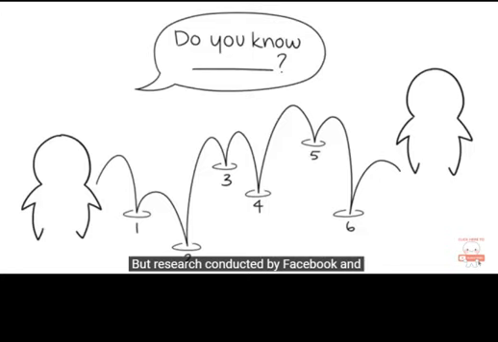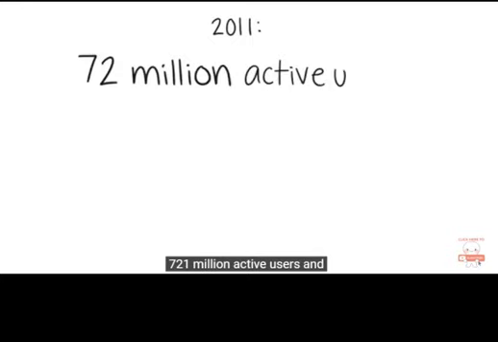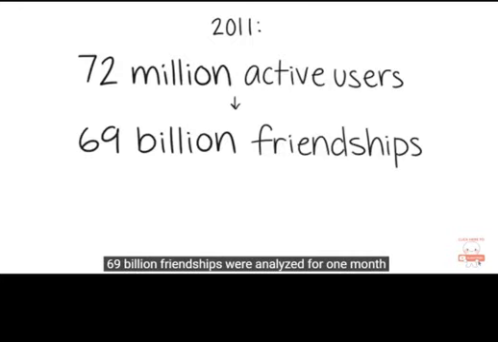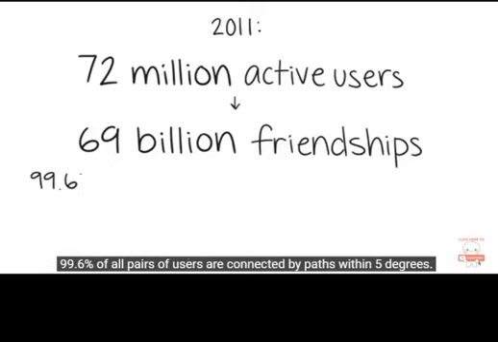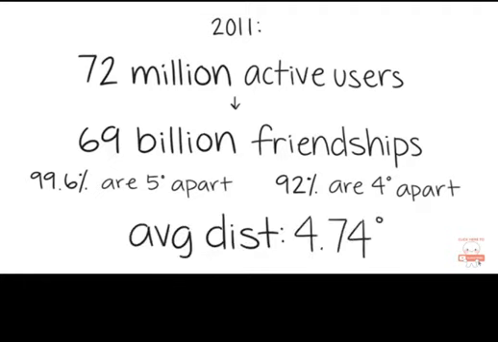But research conducted by Facebook and the University of Milan in 2011 shows that the number of degrees is now as small as 4. 721 million active users and 69 billion friendships were analyzed for 1 month, and the results were as follows. 99.6% of all pairs of users are connected by paths within 5 degrees. 92 are connected by only 4 degrees. The average distance between all people on Facebook in 2008 was 5.28 degrees, and in 2011 it lowered to 4.74.